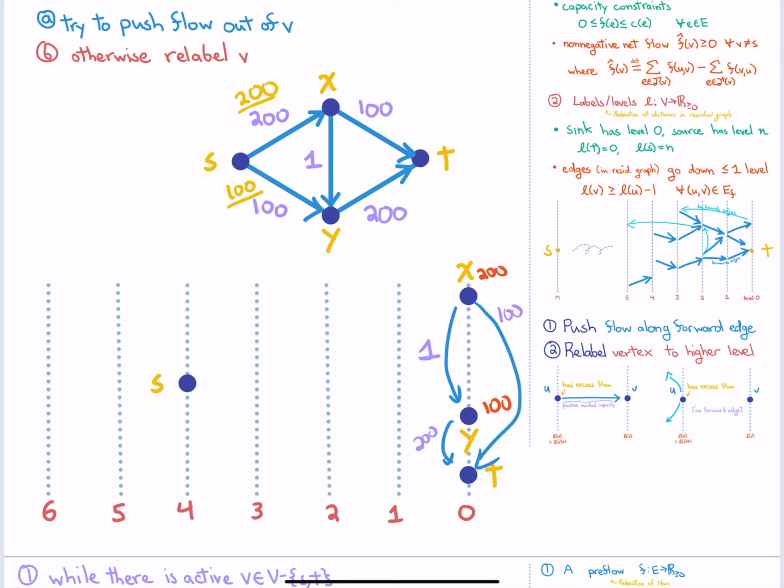Because we've saturated all the edges leaving S, there are no edges leaving S in the residual graph anymore. Instead, we have these backwards edges, an edge of capacity 200 and an edge going from Y to S of capacity 100. That'll be the initial setup.